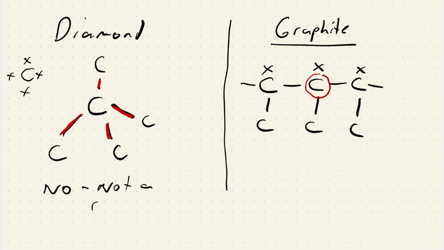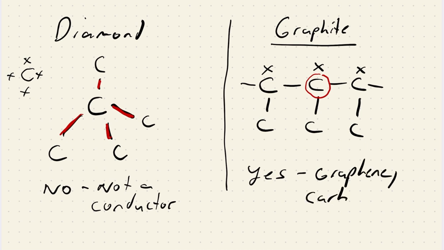It's not a conductor of electricity. Whereas graphite is, yes. And that applies to not only graphite, but graphene and carbon nanotubes, which you sometimes see called fullerenes.